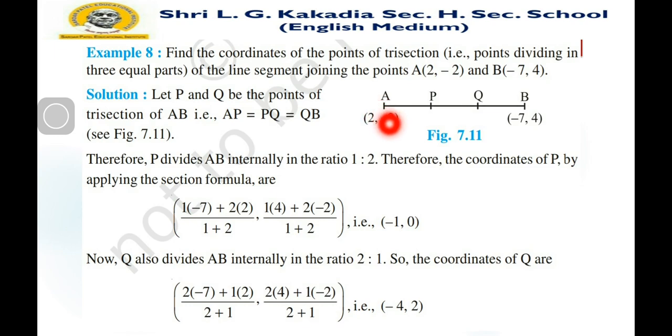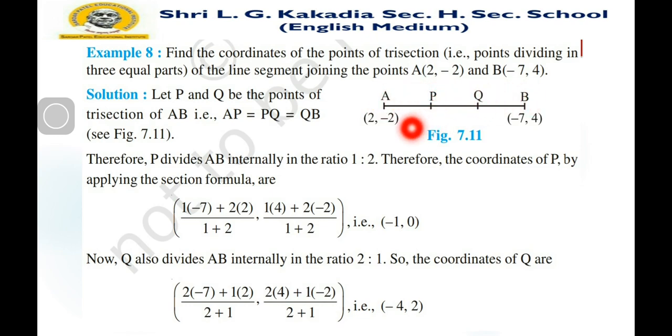Here we have 3 equal parts. If we want to find the coordinates of point P, then you can easily say that it divides AB in 1 is to 2 ratio. AP is one part and PB is its double.